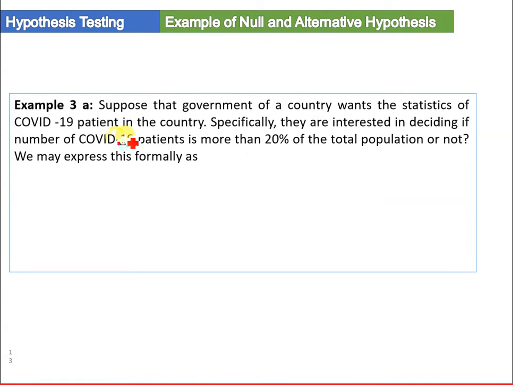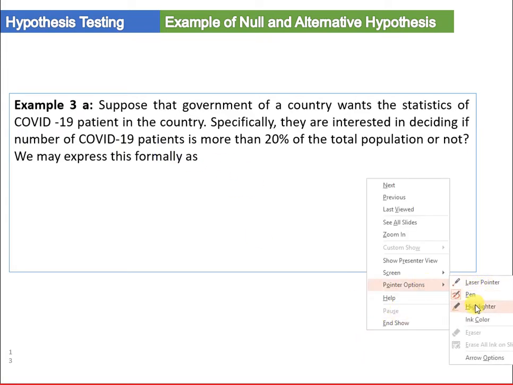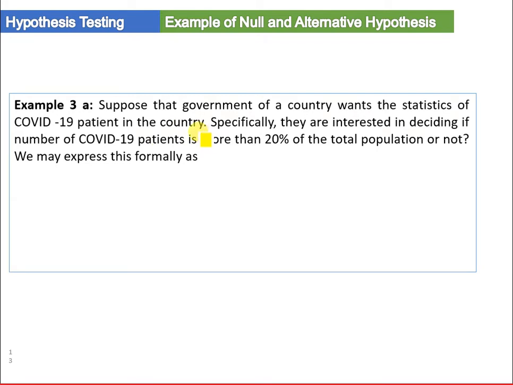Now here, suppose the government of a country wants the statistics of COVID-19 patients in the country. Specifically, they are interested in deciding if the number of COVID-19 patients is more than 20% of the total population or not.